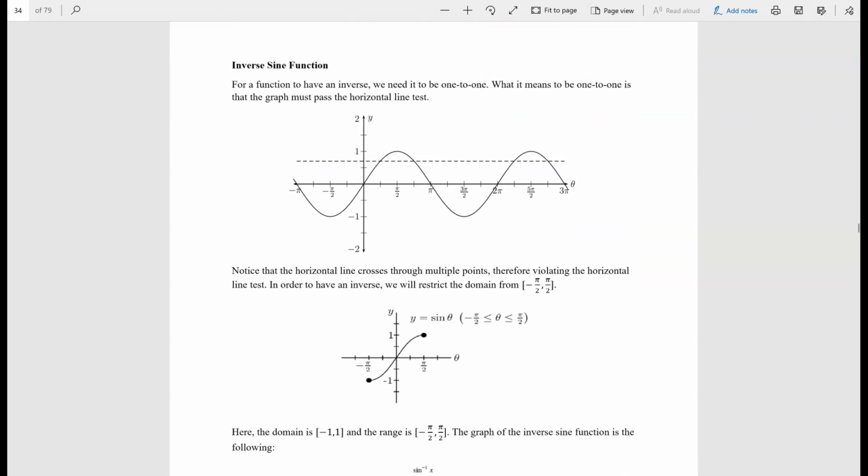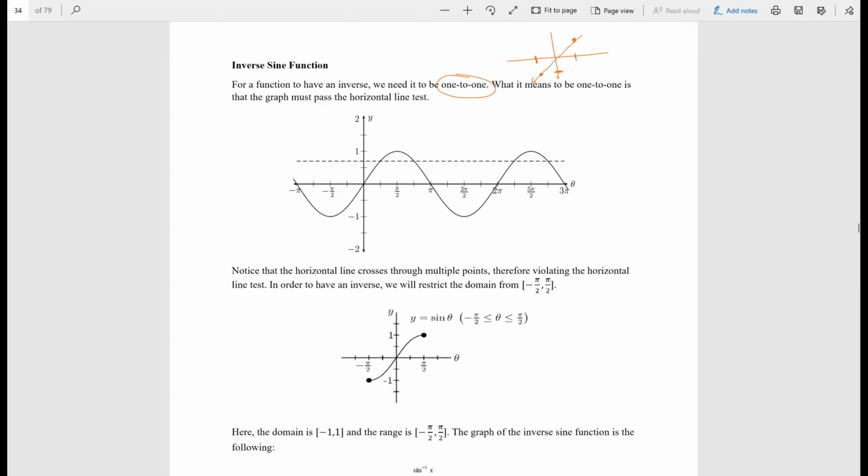We know that in order for something to be a function, it has to satisfy the vertical line test. In order for something to have an inverse, it needs to be something called 1-to-1. Basically, if I were to graph something, there is only one x and one y for each pair, so you cannot have multiple pairs.